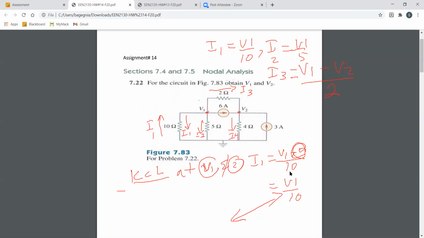For I3 will be V1 minus V2, not V2 minus V1, over the 2. Same thing for I2, same thing for I1, V1 minus 0 over 5, V1 minus 0 over 10. And then the last one will be I4. So I4 will be V2 minus 0 over 4.